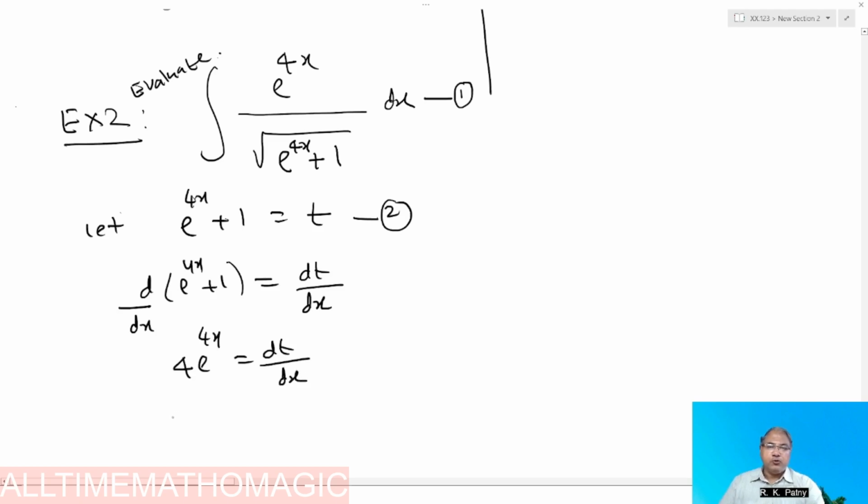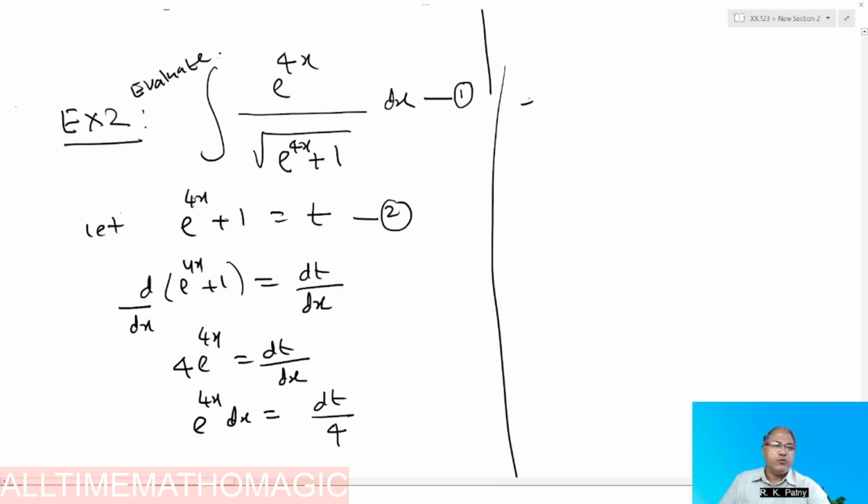Now we have to keep only the things which are there in the question, and the other constant to the right side. For example, e raised to 4x and dx we kept on the left side and the constant is taken to the right side. So e raised to 4x dx equals to dt by 4. Now what is the given question?